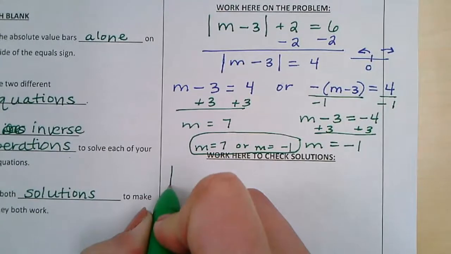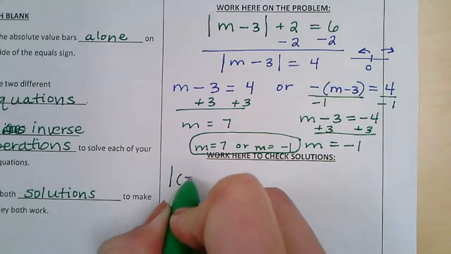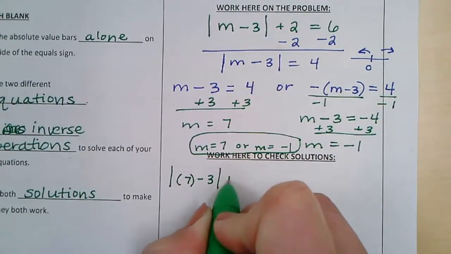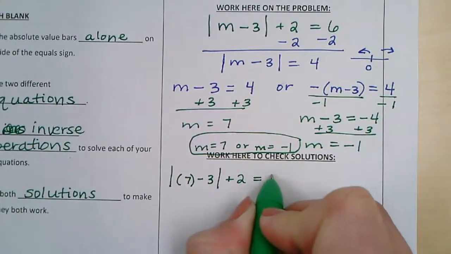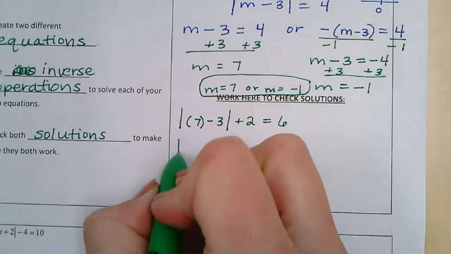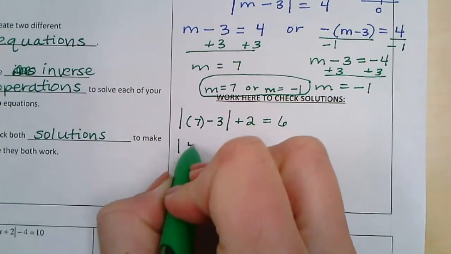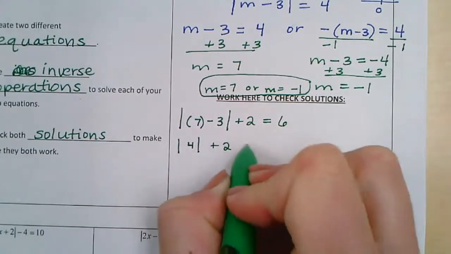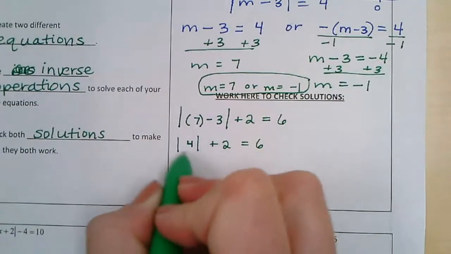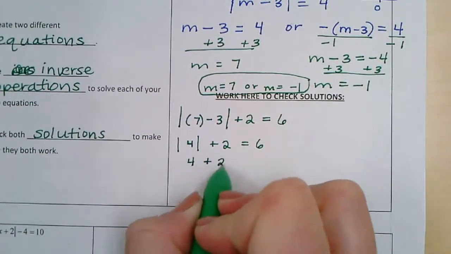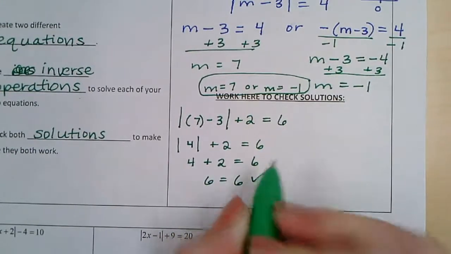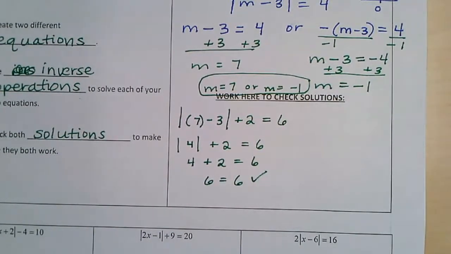So I have the absolute value of 7 minus 3 plus 2, and I want to see if that equals 6. Well, I have the absolute value of 7 minus 3, which is 4. Doing my grouping first, the absolute value of 4 is just 4, and 4 plus 2 equals 6. So this one checks off.